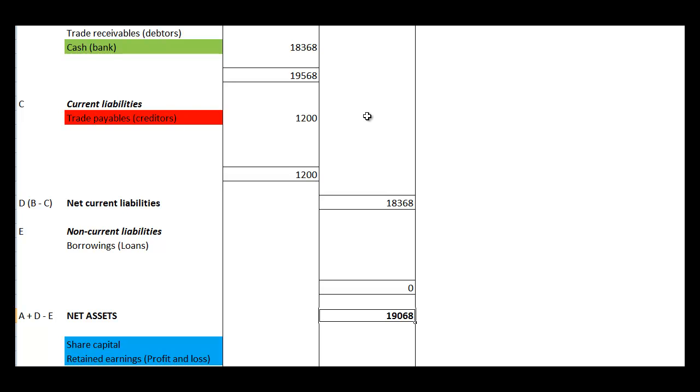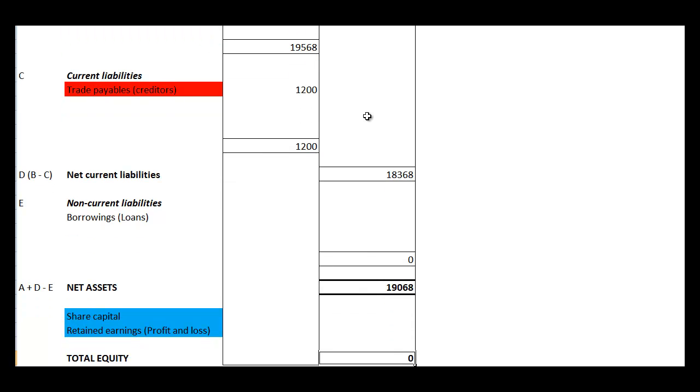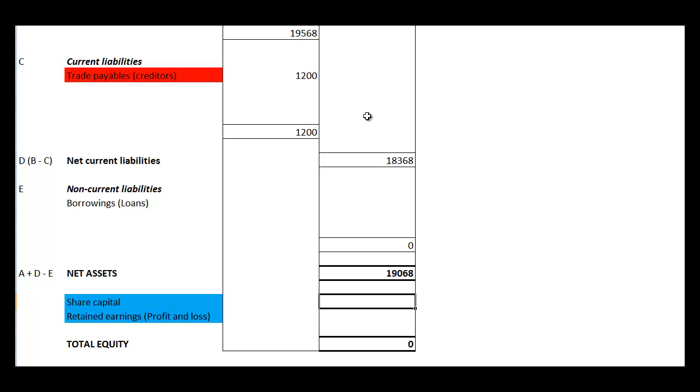All of our assets less our liabilities come to £19,068, and this is represented by our share capital of £20,000 and our loss for the period of £932. Here you will see our equity equals our assets less our liabilities.